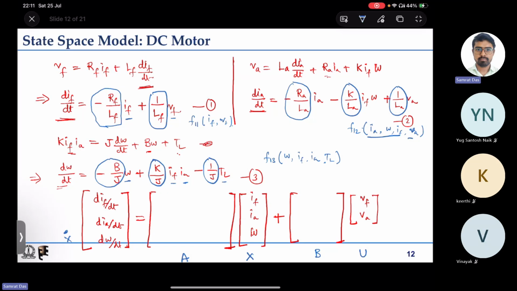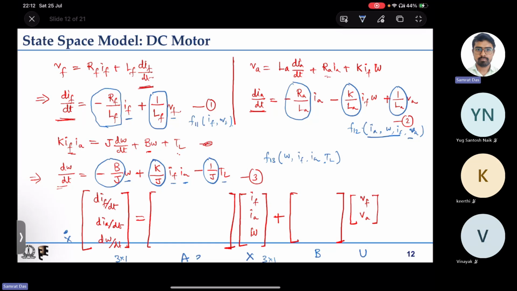Is it clear till now? Or is there any question? Clear, sir. Okay. So finally you understand that matrix multiplication of A into X has to be a 3 by 1 matrix, and your X is already a 3 by 1 matrix.